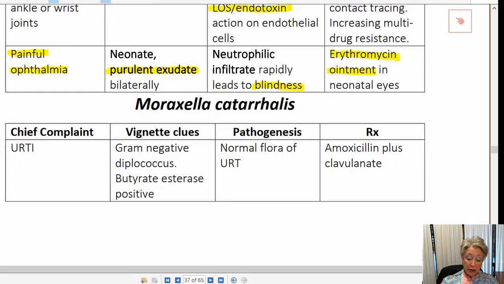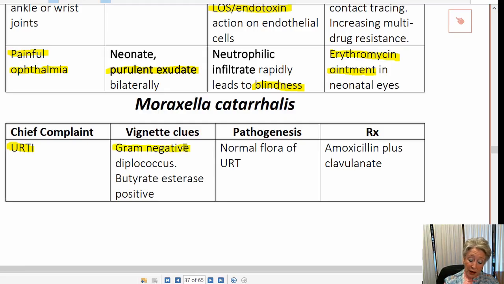A lesser member of this group, Moraxella, is one that I typically simply need to distinguish from others by virtue of the fact of remembering that not all gram-negative diplococci are Neisseria. So this is one of those things that if I found it in an oropharynx, I need to make certain that it's not gonococcal pharyngitis and it's not Neisseria meningitidis.